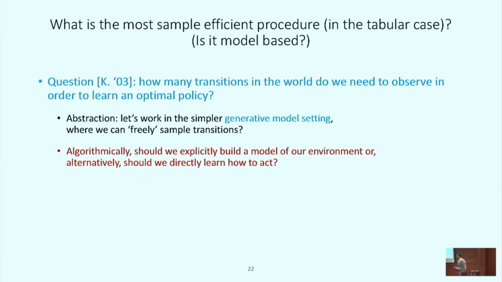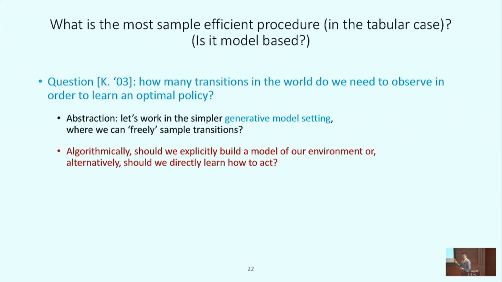This was really a question that I started formalizing in my thesis in various different settings. But perhaps the simplest abstraction to ask this question is that of a generative model, where you can give it a state-action pair and you get a sampled reward and next state. If we can't understand the most sample efficient method here in a tabular case, we're really doomed.